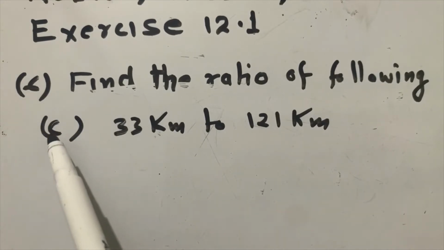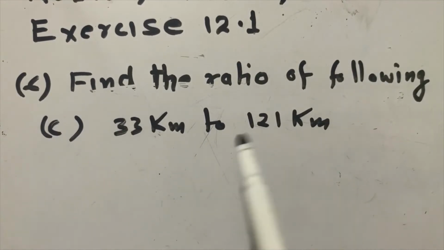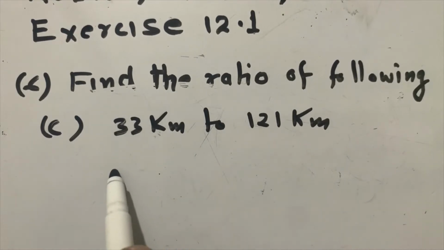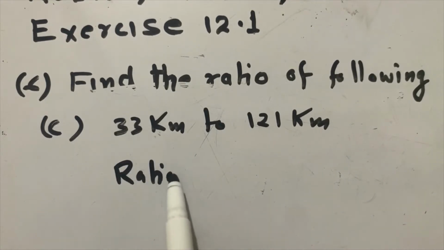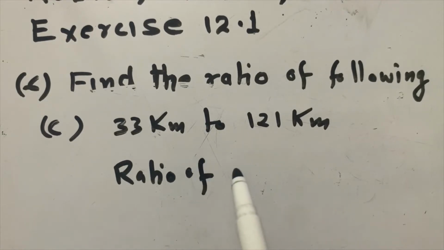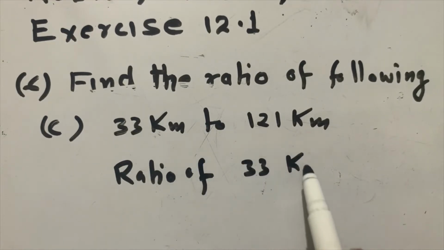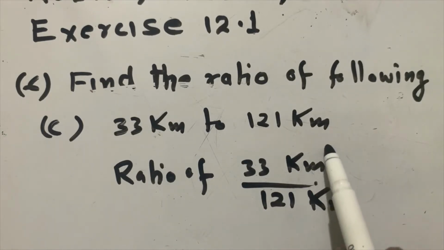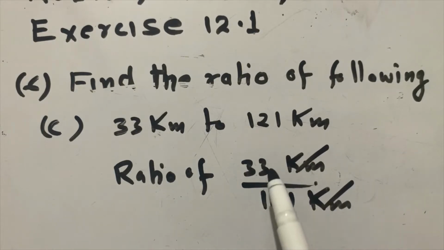Question number 6, part C. Find the ratio of 33 km to 121 km. Now your unit is same, kilometer cancels. Here it is 33, here is 121.